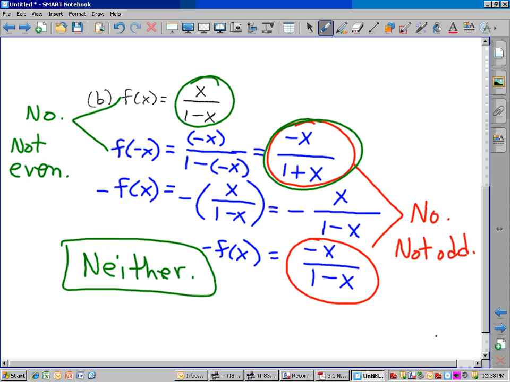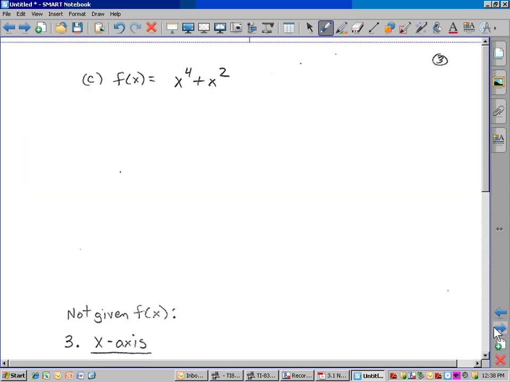Any questions? Got one more. Make sure it's completely clear. Are you ready for the third one then? Okay, then part C. f of x equals x to the fourth plus x squared. Again, I need to find f of negative x and negative f of x.